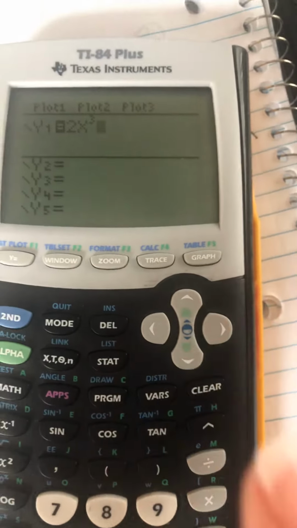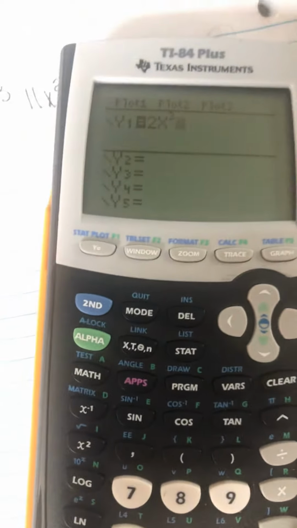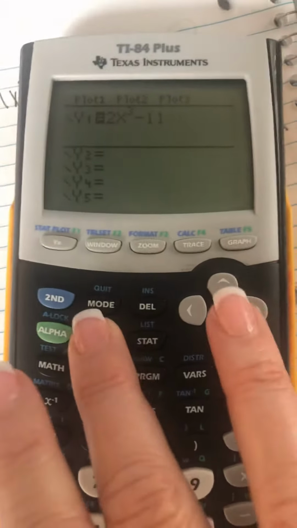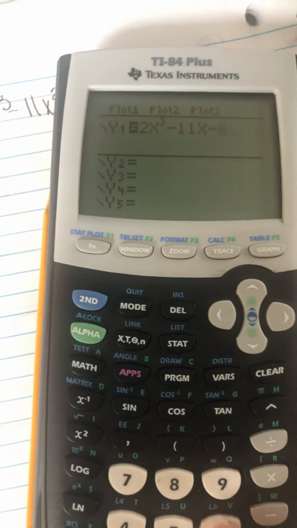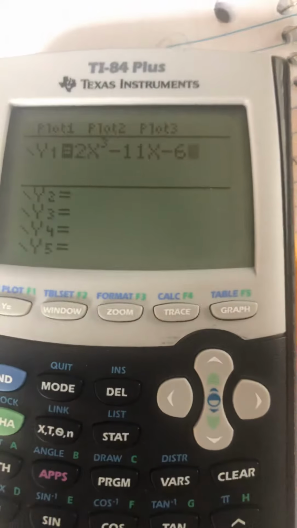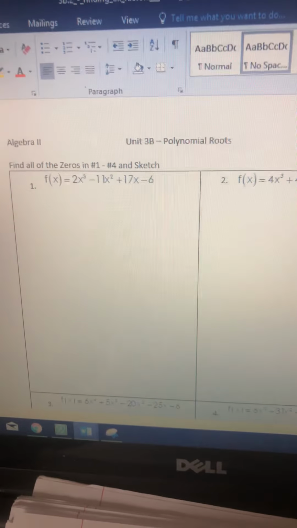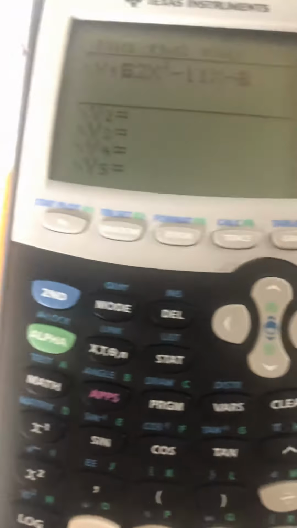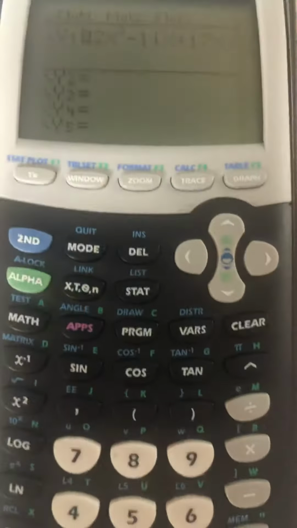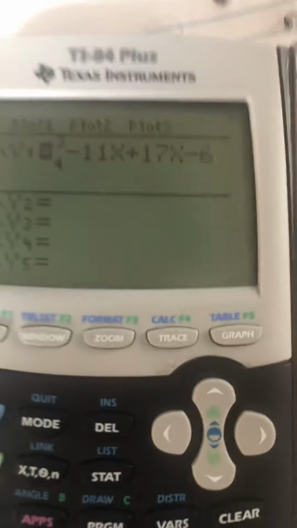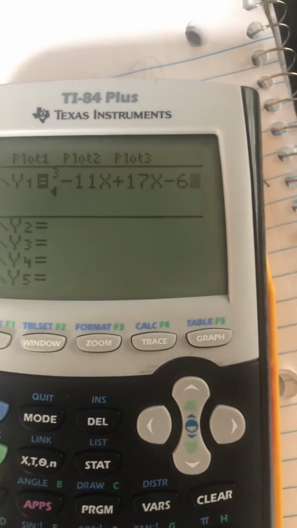Be sure and right arrow out of that exponent, minus 11x, and then minus 6. Okay, so there is the equation, and no, I left something out. It should be plus 17x and minus 6. There. Okay, so now I think I have it right. It doesn't show the whole thing, but anyway, it's there.